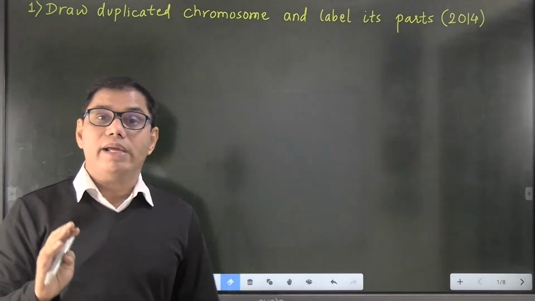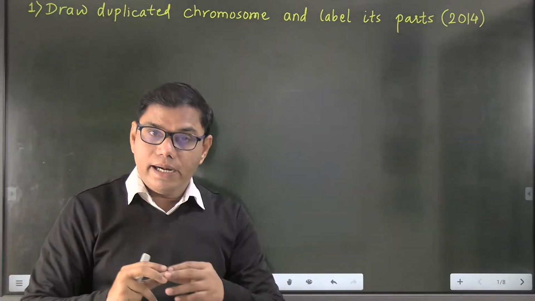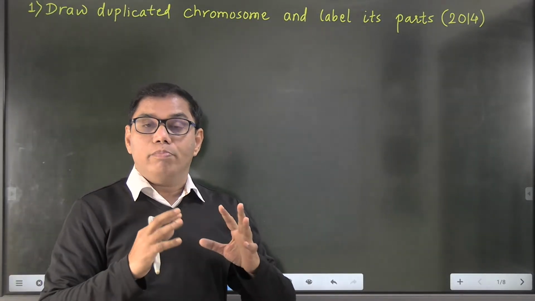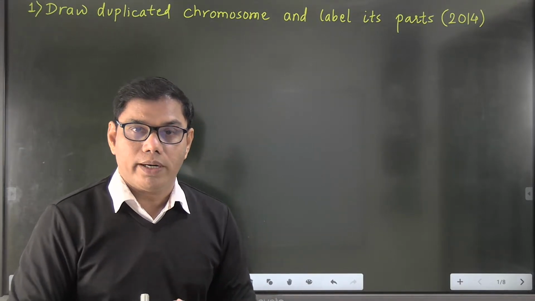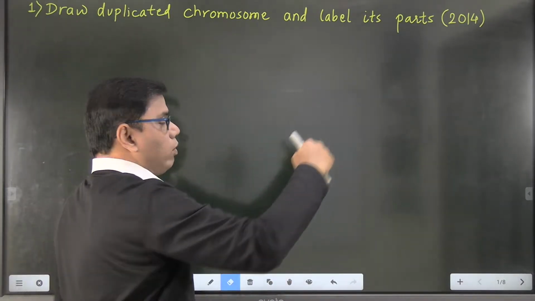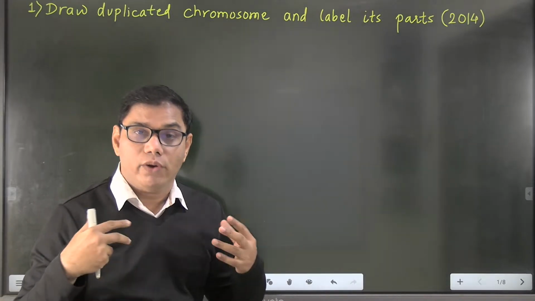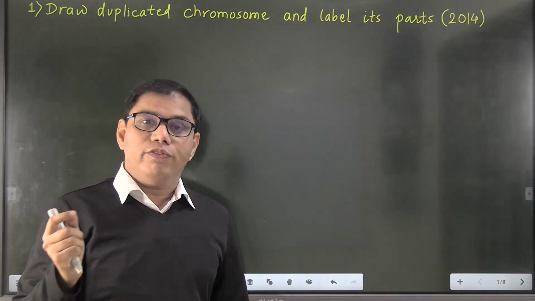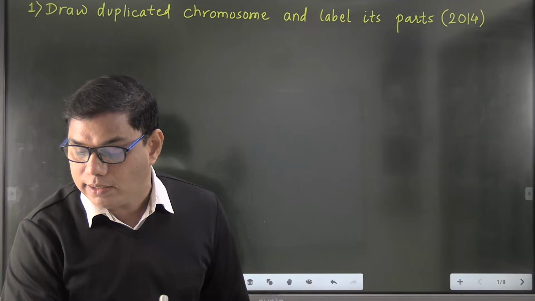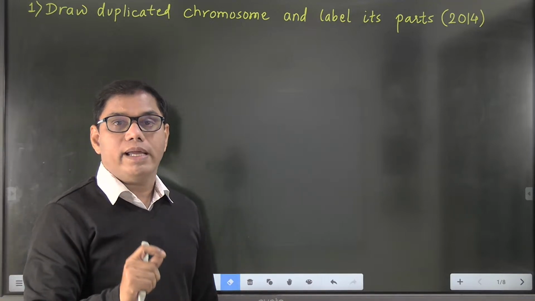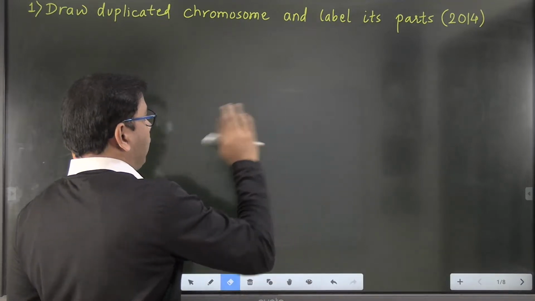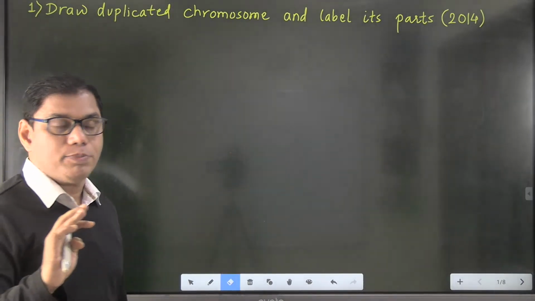Your diagram must be neat and accurate. The beauty of a diagram is not important. Maybe your diagram can look very beautiful, you will decorate it properly, but if the important parts are missing, then you won't be getting marks, right? So please make sure that you show all the parts properly.